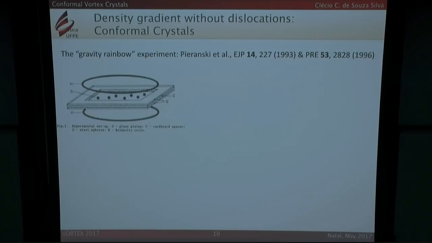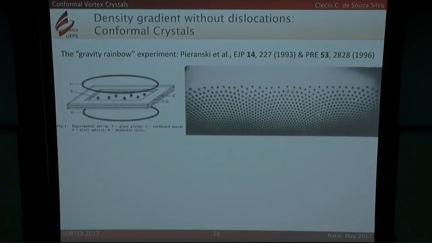Well, the answer is yes, at least for a very selected group of systems. To my knowledge, this is the only system of particles that exhibits these properties. This is a soft matter experiment with magnetic particles interacting via a dipole interaction.